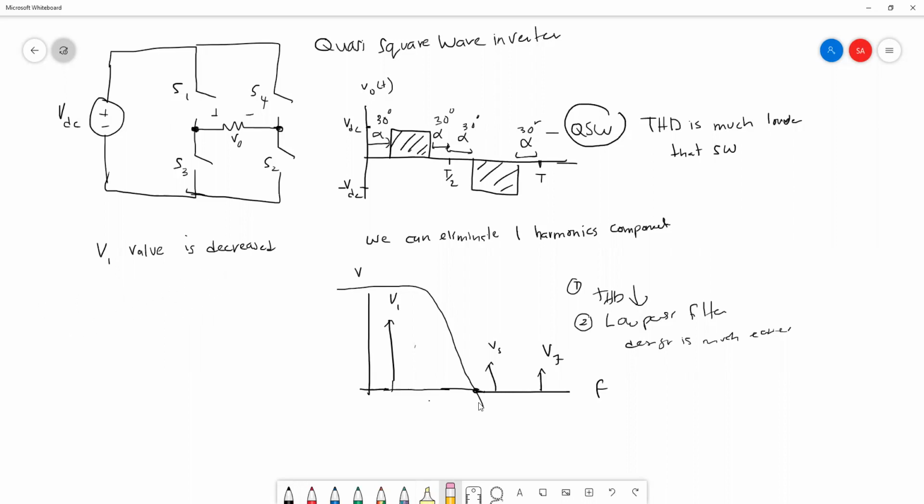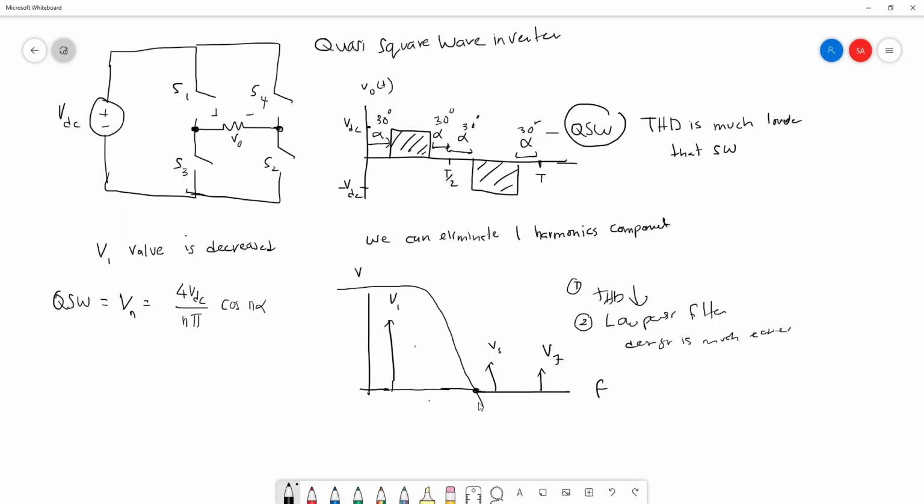For quasi square wave, the generic expression for the voltage can be written as Vn equals 4 VDC over n pi cos n alpha.